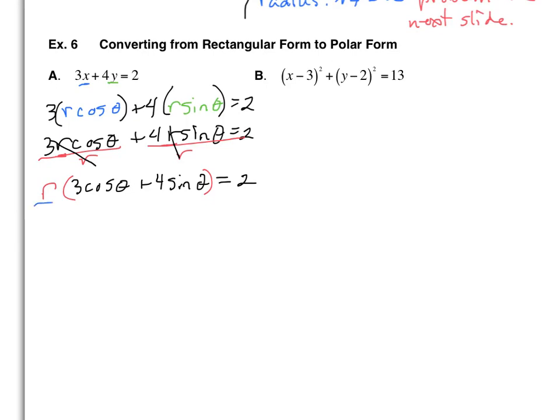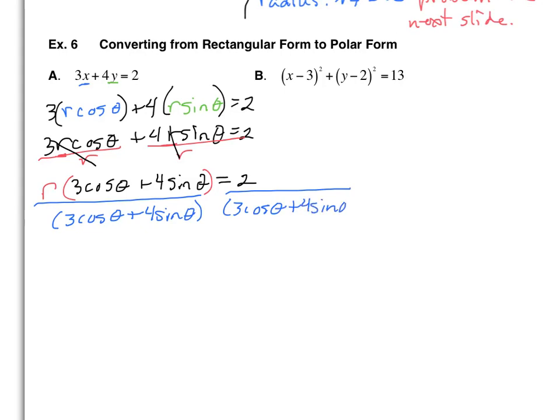Divide this side by 3 cosine of theta plus 4 sine of theta, and divide this side by 3 cosine of theta plus 4 sine of theta. And we're left with r equals 2 over 3 cosine of theta plus 4 sine of theta.